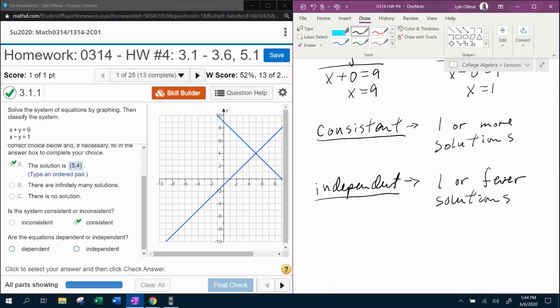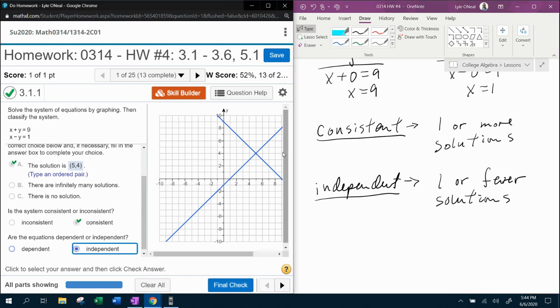So if the lines intersect at a single point, or if they don't intersect at all, then that would be independent. Dependent means that the lines lay on top of each other completely and they touch at every point. So these lines are independent because they touch at one or fewer points.